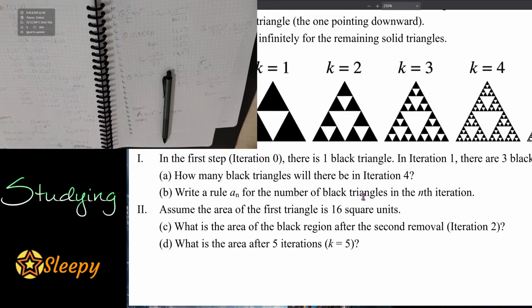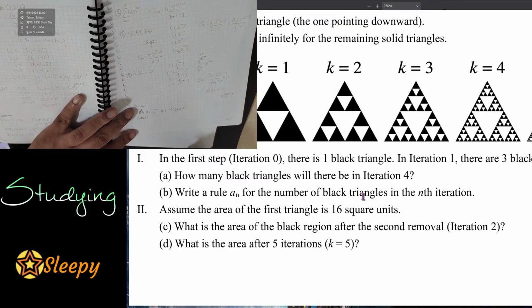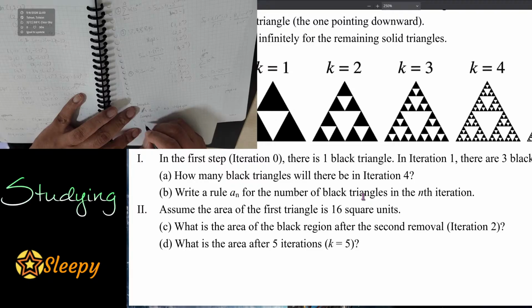Okay, so we have this thing here. At 0, it's 1. And at 1, is it 4 or 3? You remove the center triangle.